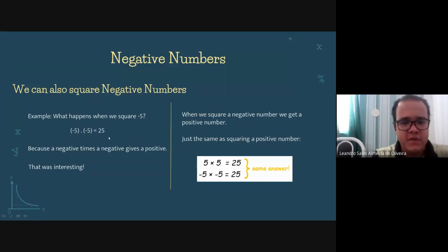This is a positive number. Remember, negative times negative gives a positive number, right? So pay attention here. 5 times 5 equals 25. And -5 times -5 equals also 25. It's the same answer. All right? Pay attention to this detail.